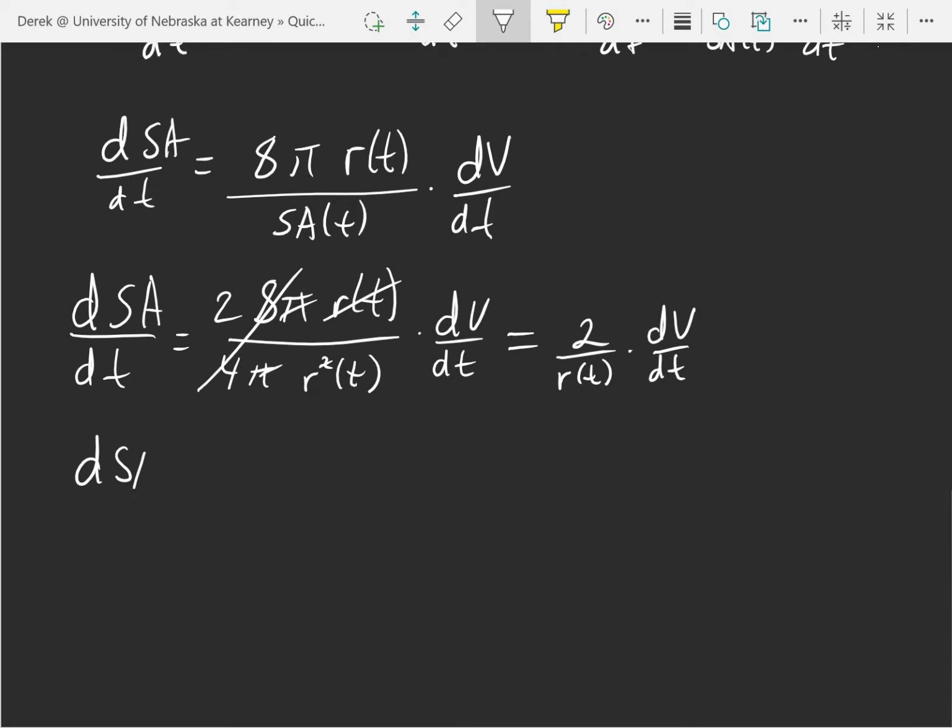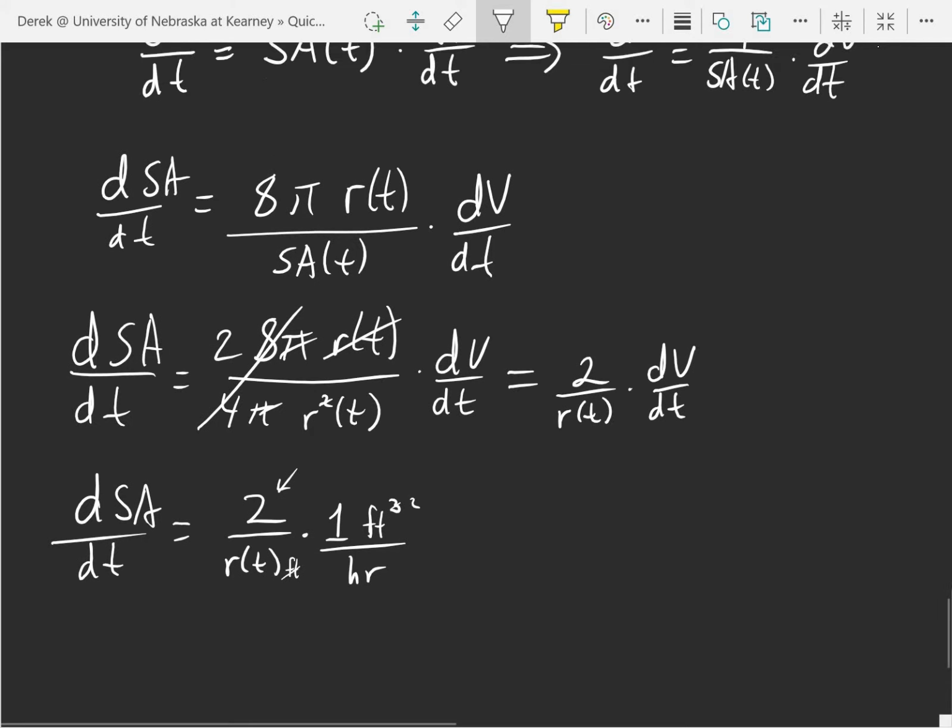So the change in the surface area at a specific time is equal to 2 divided by the radius at that time times, well, the volume was 1 foot cubed per hour. 2 has no units on it, radius has feet units on it, so this will, as it should, give us a feet squared per hour, as long as I know what the radius is at a certain time.